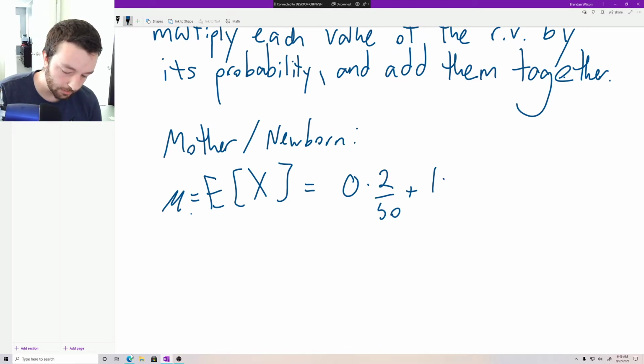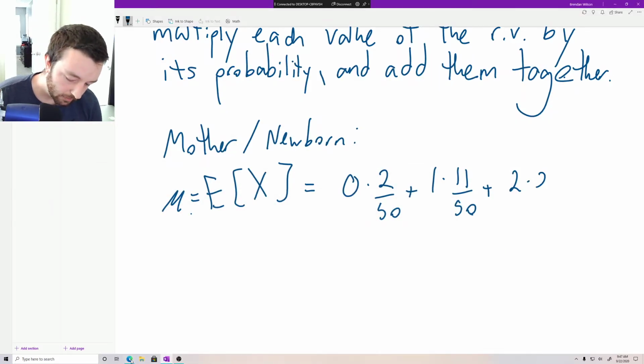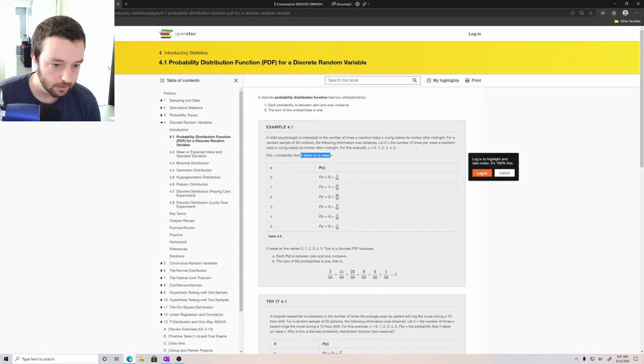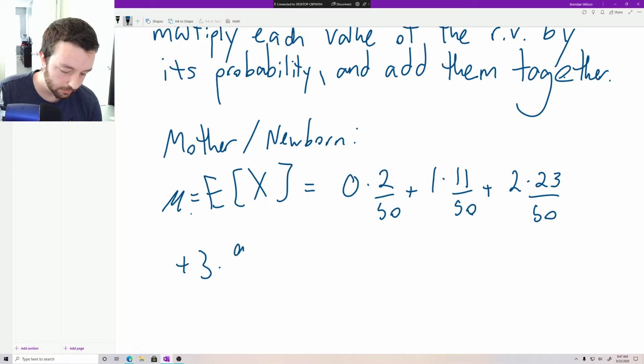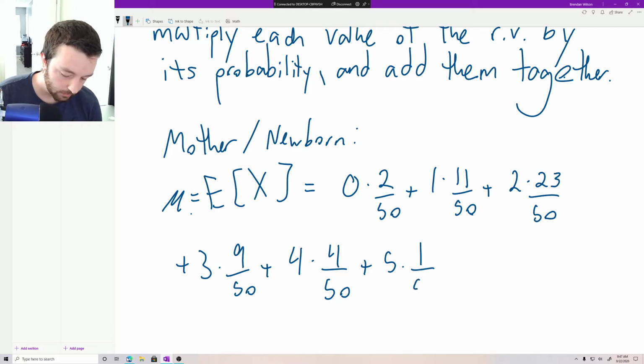This was the probability that it's 1 time. Plus 2 times 23 over 50. Plus 3 times 9 over 50. And then it was 4 times 4 over 50. Plus 5 times 1 over 50.